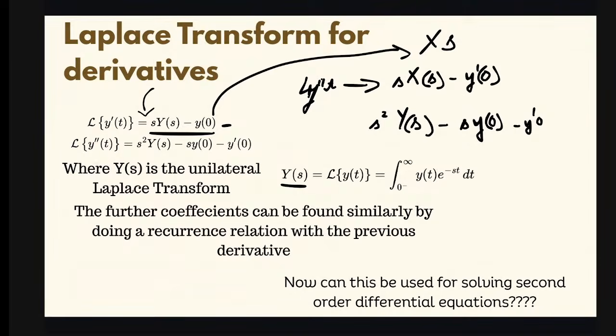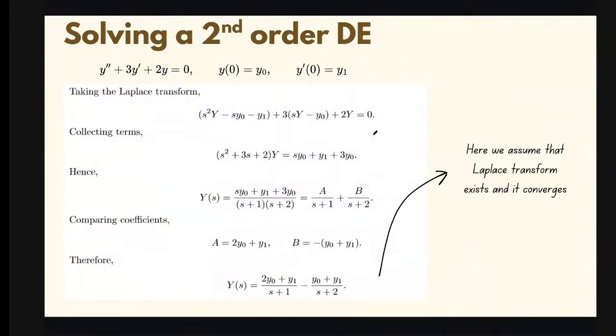Okay, so now coming back to the major question, what all of you are asking, where do we use this? So this is used in solving differential equations, like we'll see over here. Now, here comes the fun part. So let's say you have a differential equation y double dash plus 3y dash plus 2y is equal to 0.